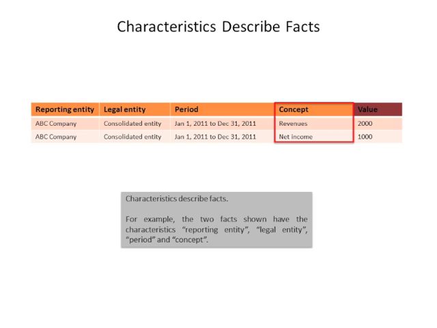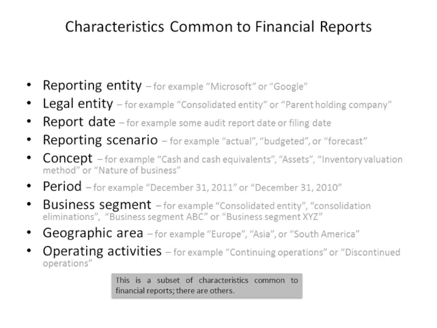Clearly, there are lots of different types of characteristics, but there are some characteristics that are very common to financial reporting. For example, the reporting entity, which may be Microsoft, maybe Google, or some other entity. Another common characteristic is legal entity, where you could be reporting the consolidated entity or maybe a parent holding company.